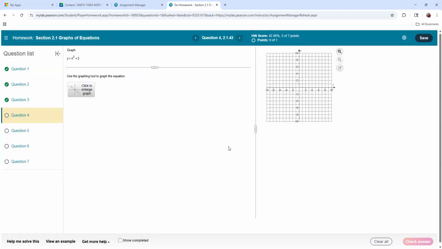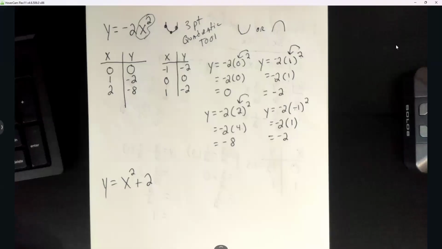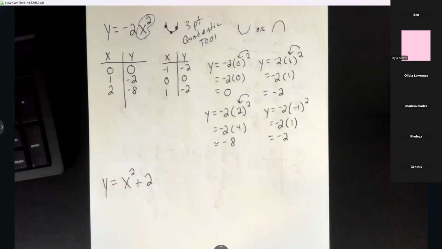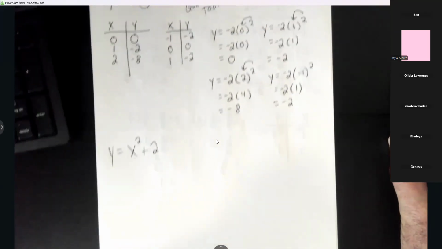Y equals x squared plus 2. All right, y'all. So this is the same type graph here.